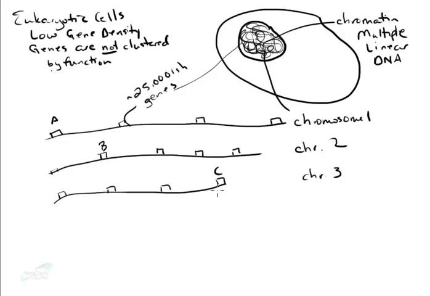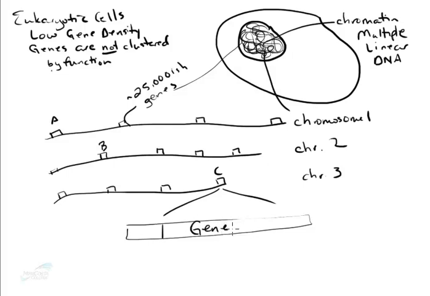So if we zoom in on one of these genes, for example, let's just blow that up and take a look at what that gene structure would be. So this is gene C that codes for protein C. At the beginning of that gene, as with all genes, there would be a promoter sequence that serves as the binding site for RNA polymerase, so that part's the same. All genes that are expressed need a binding site that RNA polymerase can recognize as the beginning of the gene.